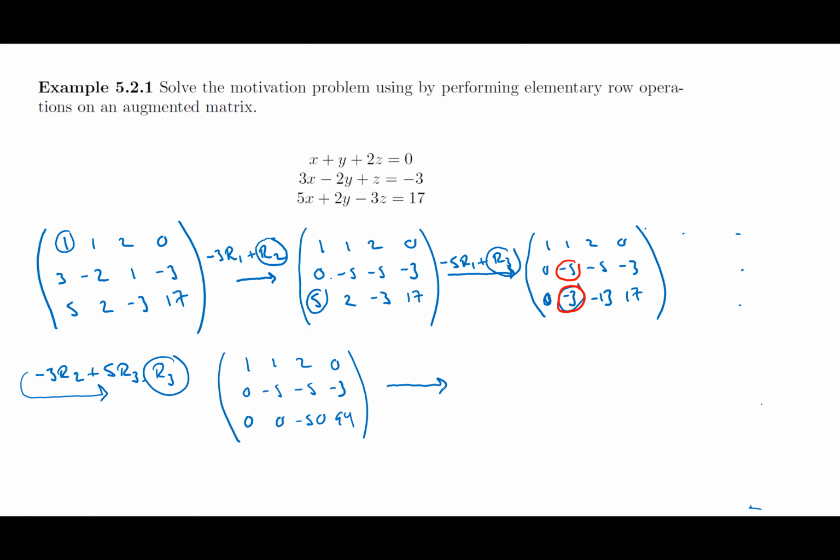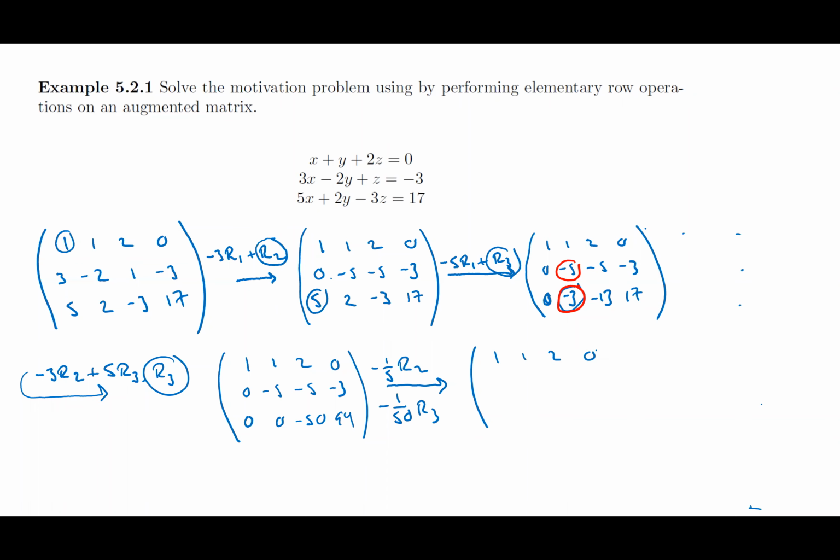I'm gonna combine two steps here. I want my first entry in each row to be 1, so that I just have that coefficient of 1. So for row 2, I'm going to multiply by -1/5. And row 3, -1/50. Okay, and I'm going to change both those rows.